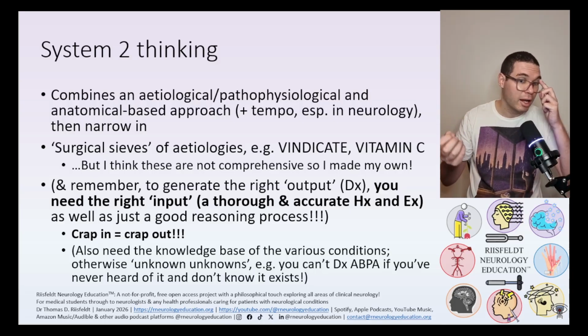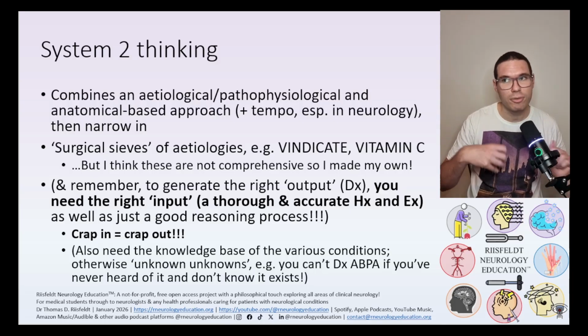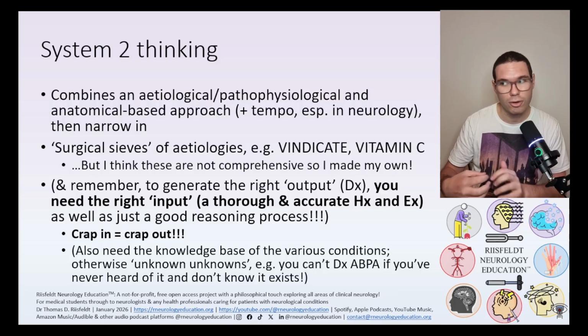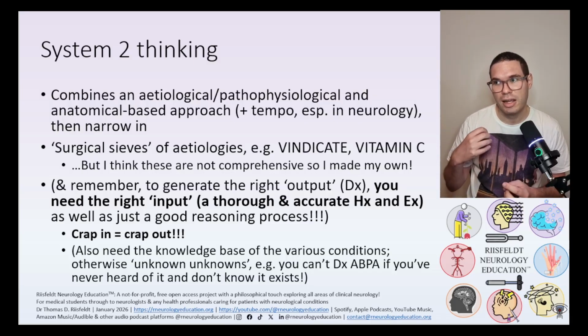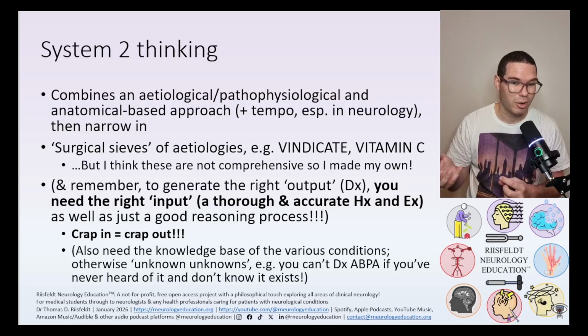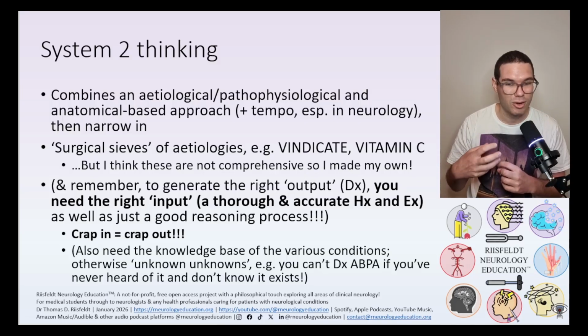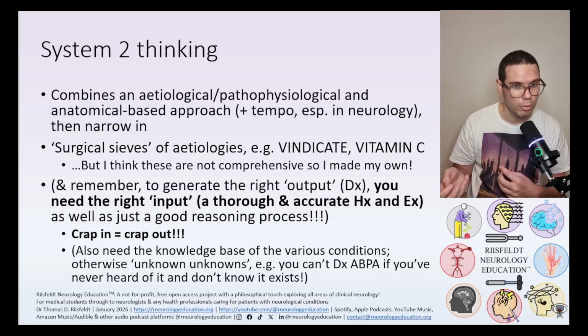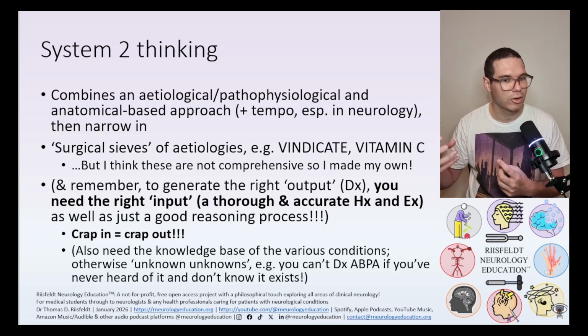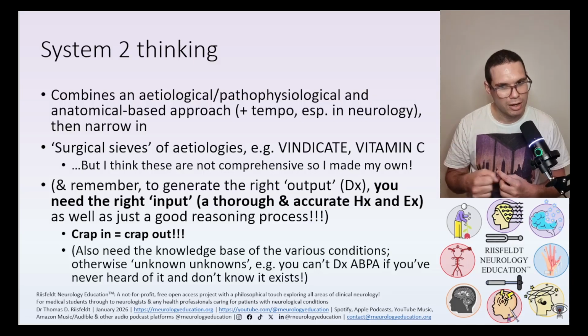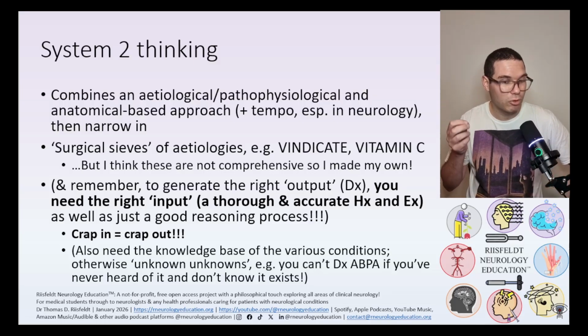You could have a really good diagnostic reasoning process, but if you have the wrong starting point, if you think that the patient has vertigo, but you took a bad history and it was actually syncope or pre-syncope, or if you think the patient has upper motor neuron signs, but you did a rushed examination and misinterpreted it and they actually had lower motor neuron signs, it doesn't matter how good your diagnostic reasoning is, you're going to get the wrong diagnosis because you had the wrong input. So basically, crap in equals crap out.